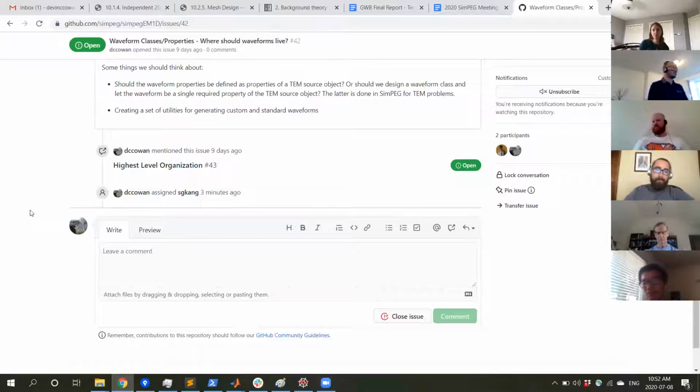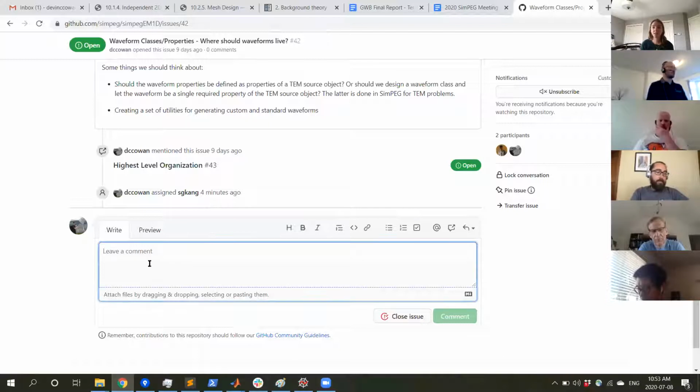I think we can merge that in, so we can actually use the same structure for predefined parametric types of waveform, which SimPEG has, like a trapezoidal. Maybe a useful step for planning is, in this issue, Devin, if you wouldn't mind, documenting what the current waveforms in SimPEG EM1D are, and whether they exist in SimPEG.